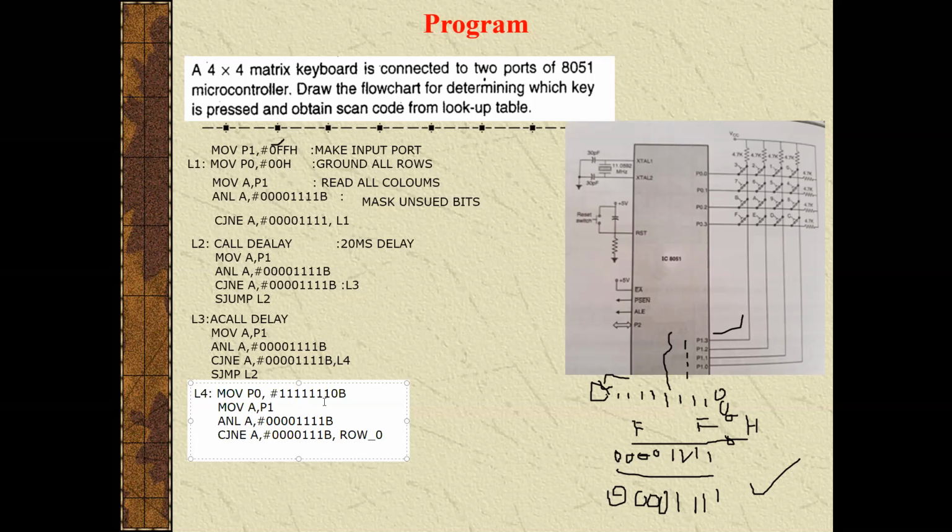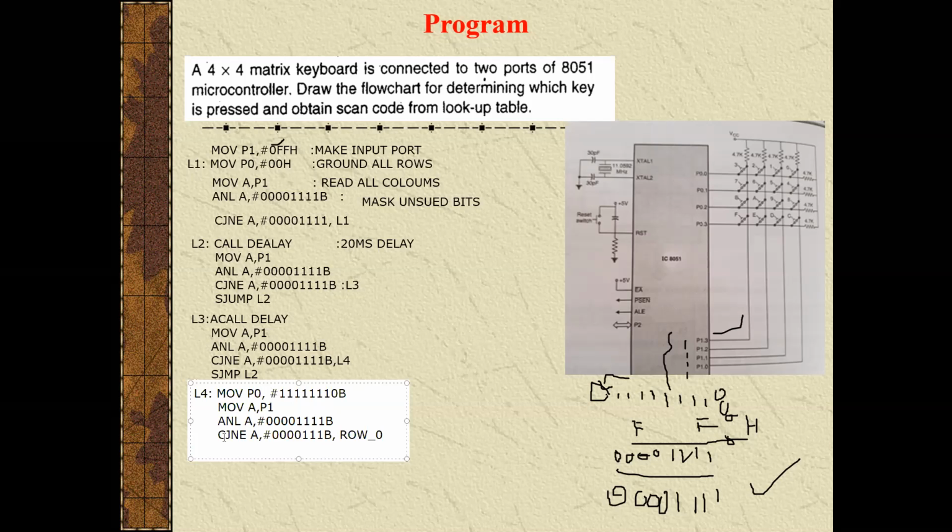We load our port 0 with this immediate value. What will happen after loading this immediate value into port 0? All the port pins will become high except row 0. Row 0 remains low only. Then I load this port 1 data into our accumulator.